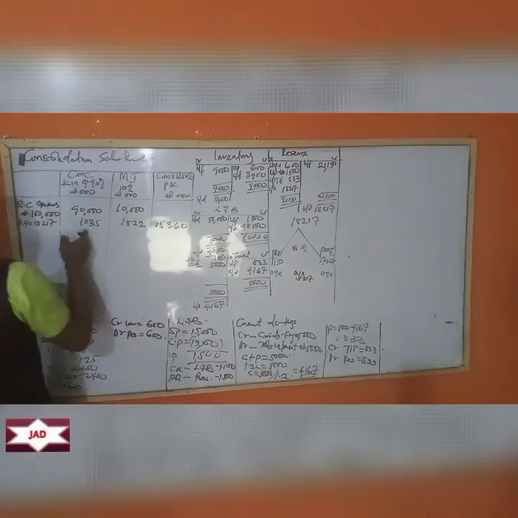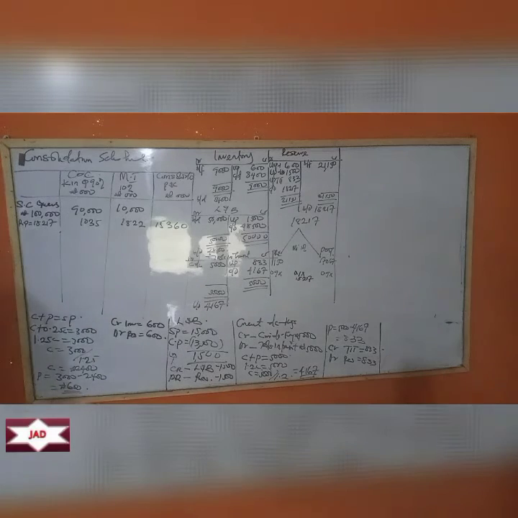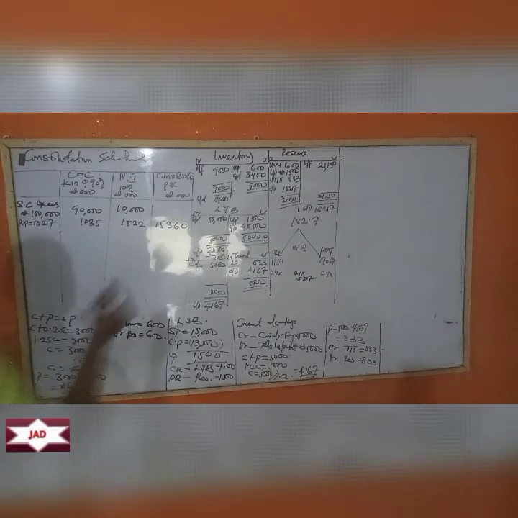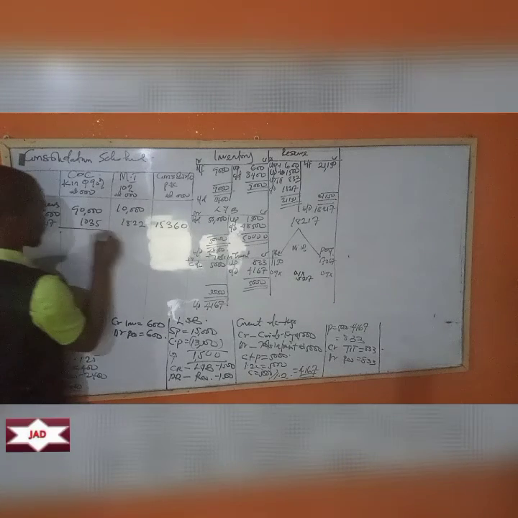If you add this and this, it gives you this: 15,360 plus 1,822 plus 1,035 is 18,217. So we can proceed here.